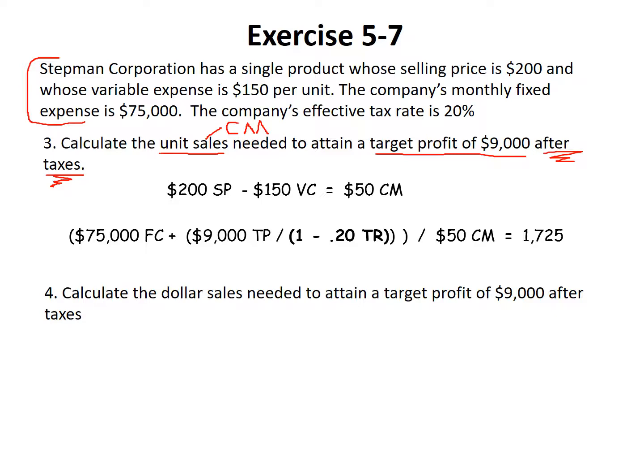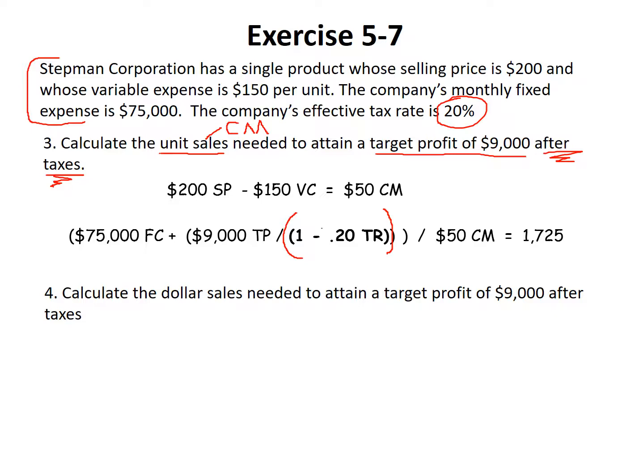It's $75,000 fixed cost plus, though, in this case, our target profit of $9,000, and then this amount here represents the adjustment to adjust it into a number that basically, after we pay our taxes, we'll end up with the target profit of $9,000. So it's $9,000 target profit divided by 1 minus our tax rate, which is 20%.